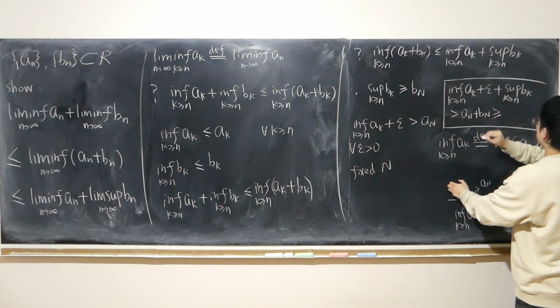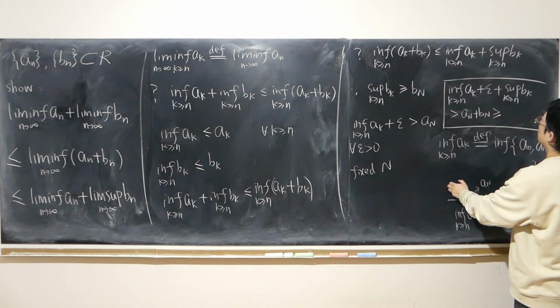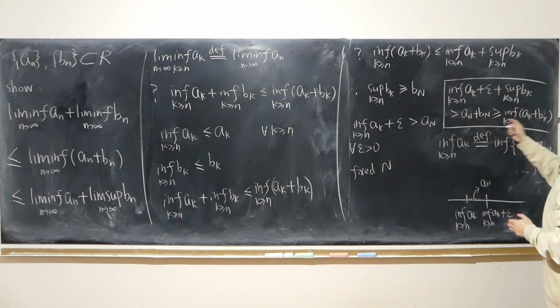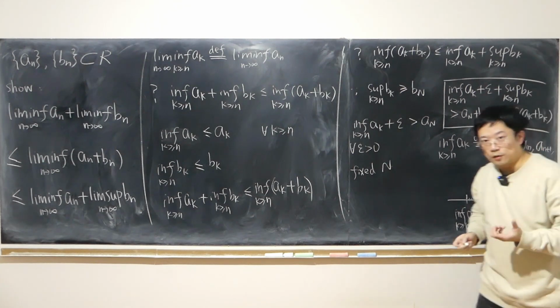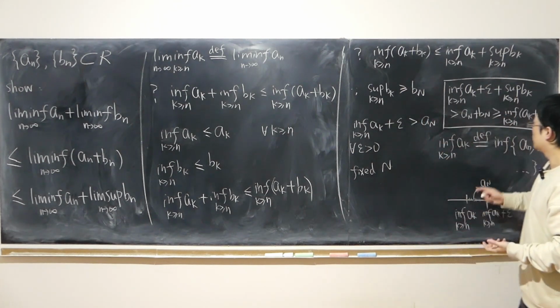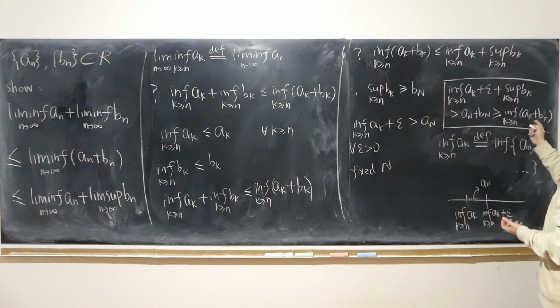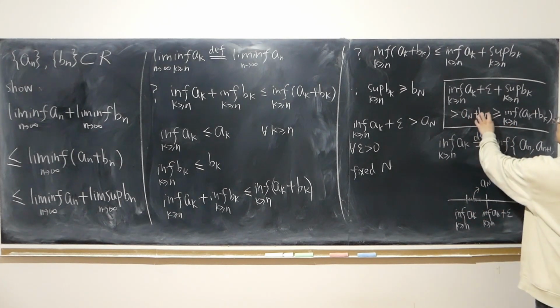Then bigger than or equal to what? Bigger than or equal to the infimum of ak plus bk, right? Because ak plus bk, take its infimum. Infimum is the biggest lower bound. It is a lower bound. Therefore, a lower bound must be less than any element from here. This is obvious.